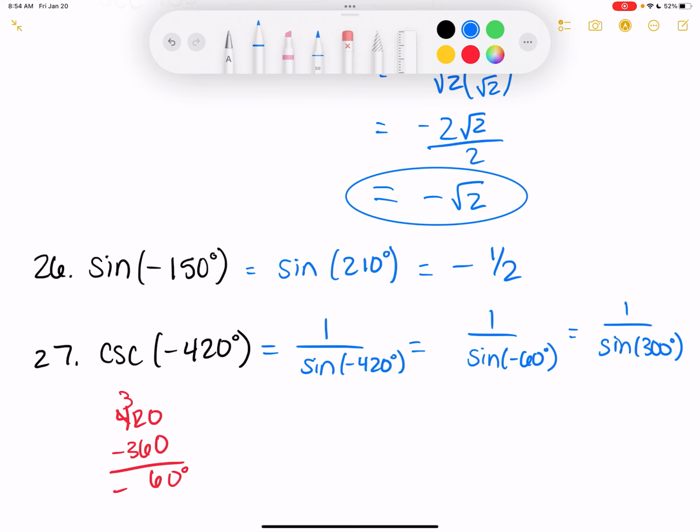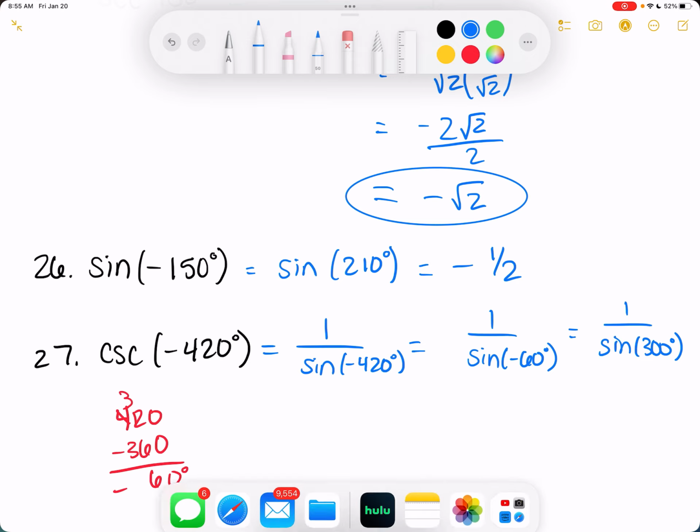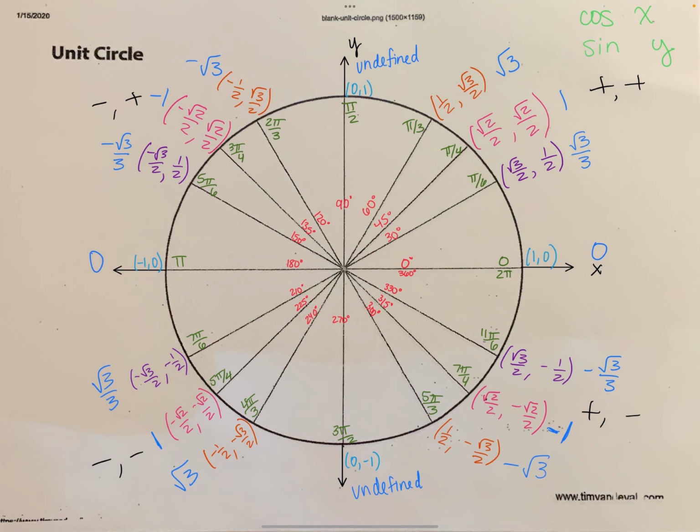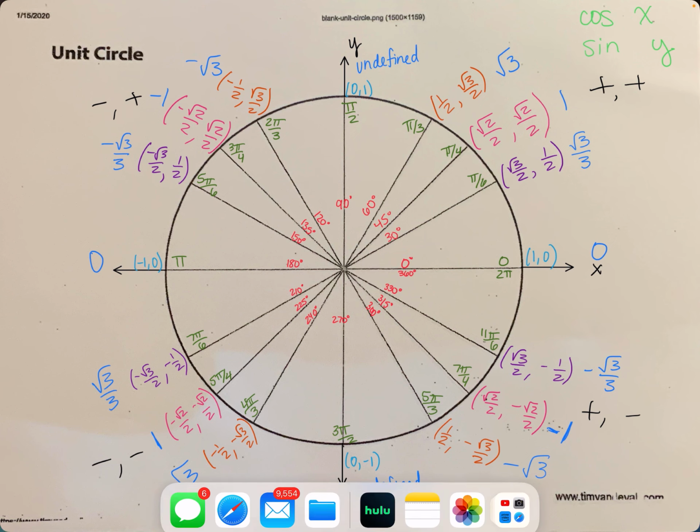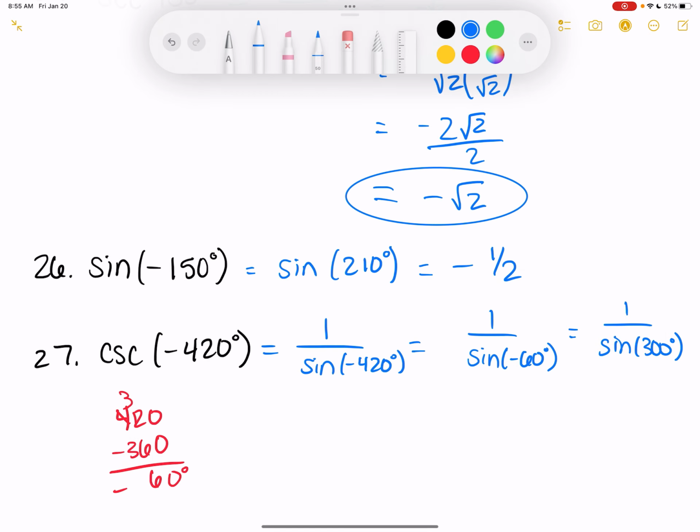So then we can go over to our best friend. And so we can go to the sine of, we said it was 300, right? Sine of 300 degrees, which would be negative root 3 over 2. We could have started here, worked backwards, minus 60, but again, it hits in the same place, so negative root 3 over 2. But remember, it's 1 over, so this is 1 over square root of 3 over 2.